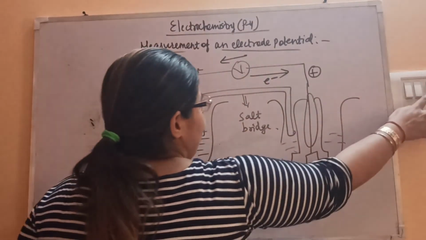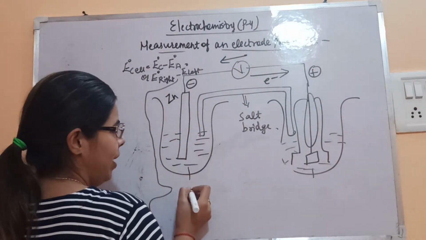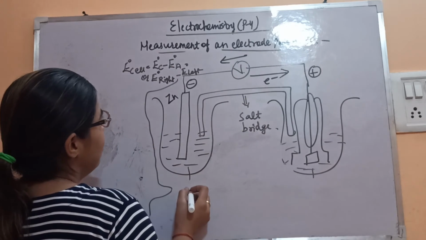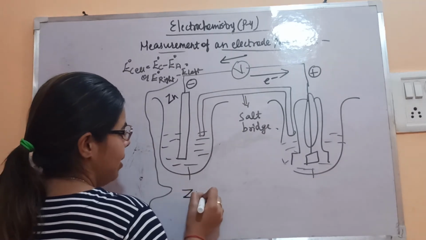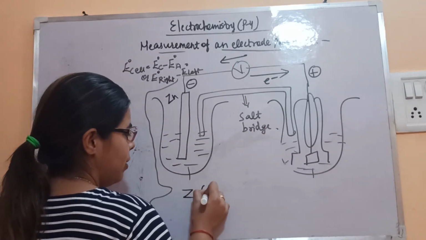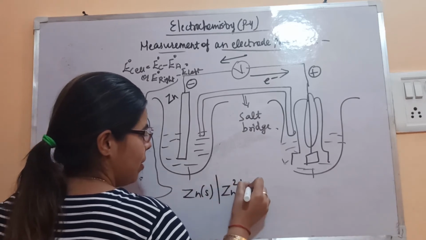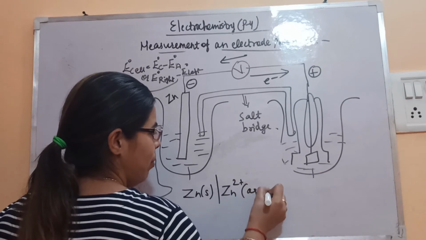For the representation of a cell, at the left-hand side we take the anode. Zinc is getting oxidized, so Zn solid gives Zn2+ aqueous, 1 molar.